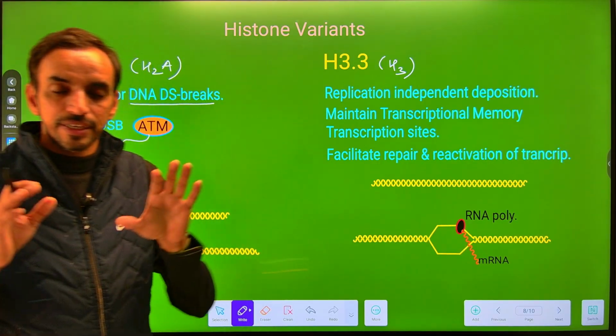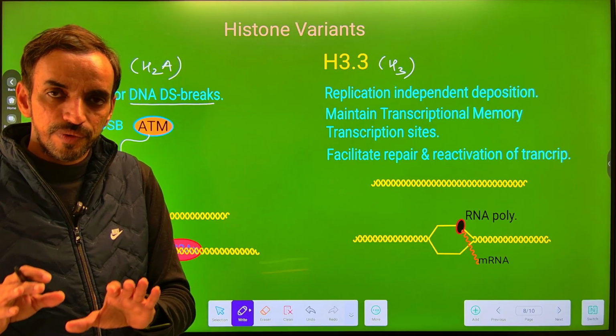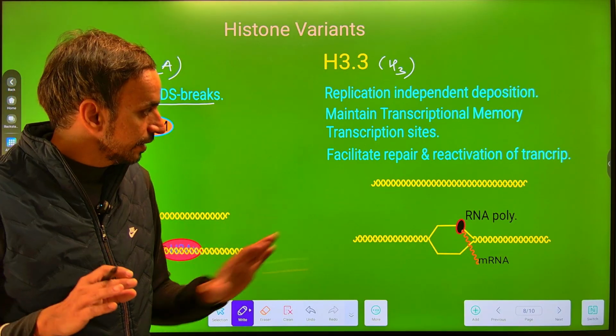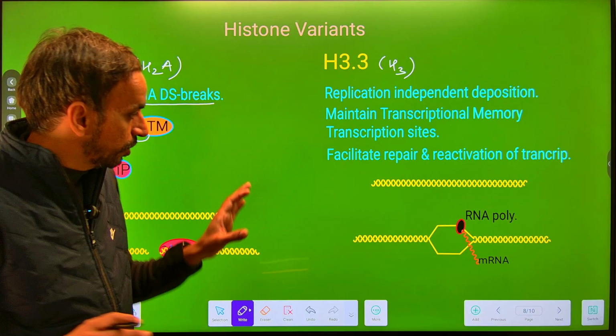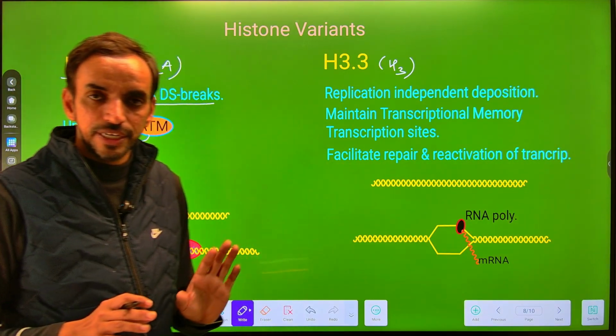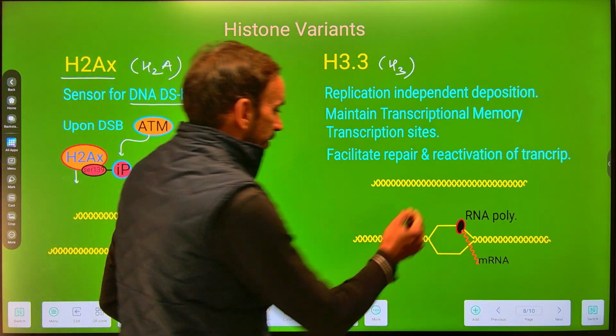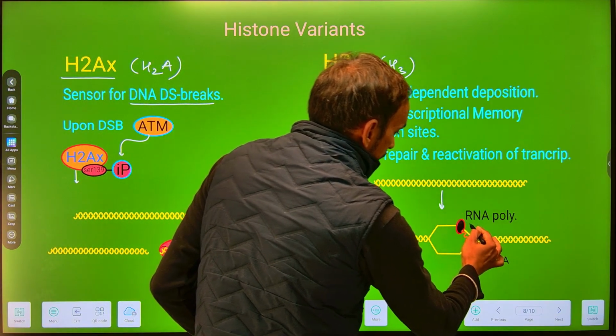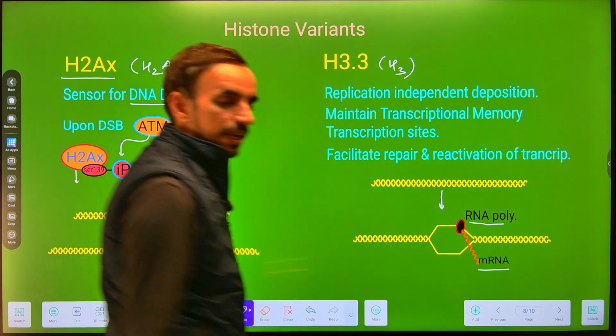Next, it facilitates the repair and reactivation of transcription after the repair. So we can say if we are having the double-stranded DNA, then there is a transcription, and during the transcription, there is a binding of RNA polymerase and synthesis of mRNA.